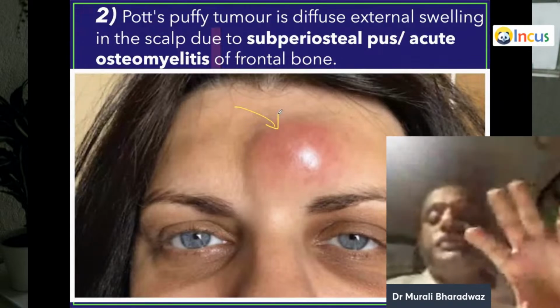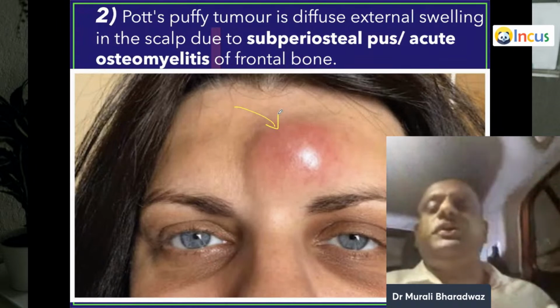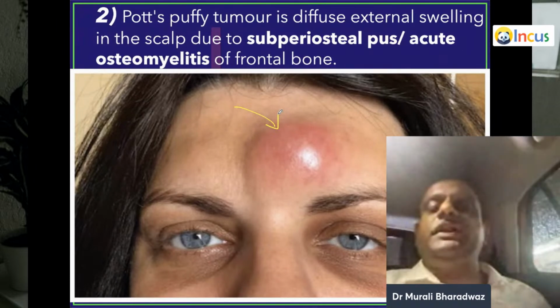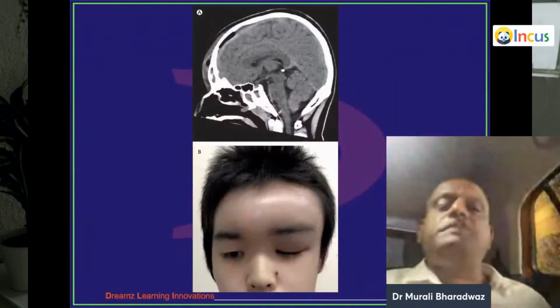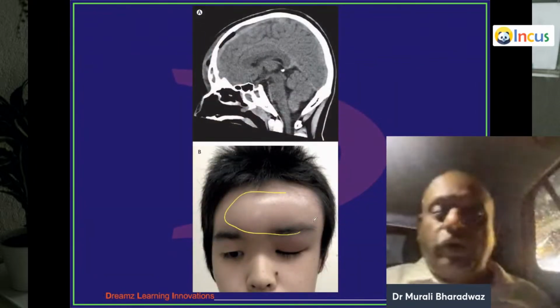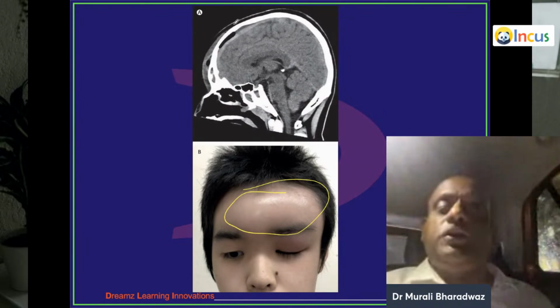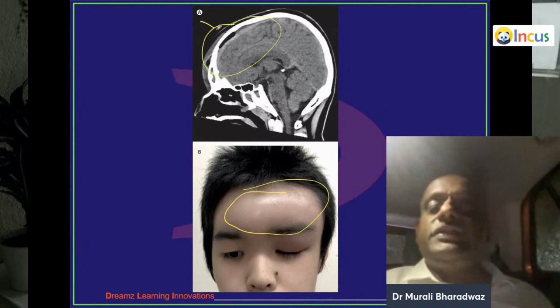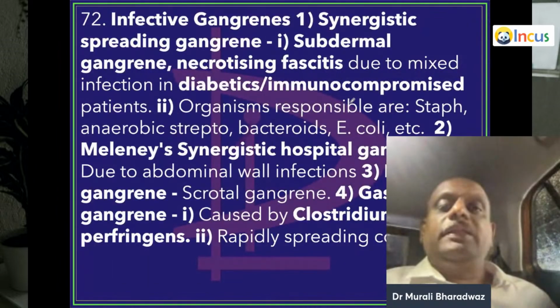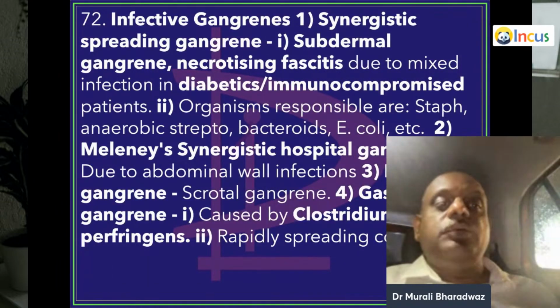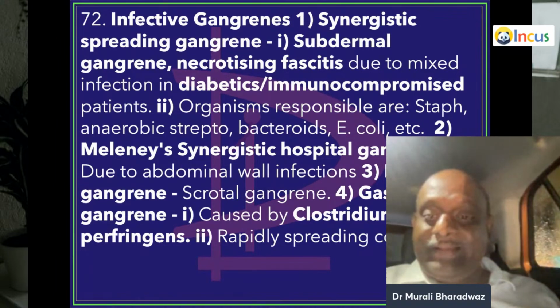A diffuse external swelling in the scalp due to subperiosteal osteomyelitis of the frontal bone is called Pott's puffy tumor. This is a commonly spotted question in the exam, and you can also see the periosteitis caused by it.